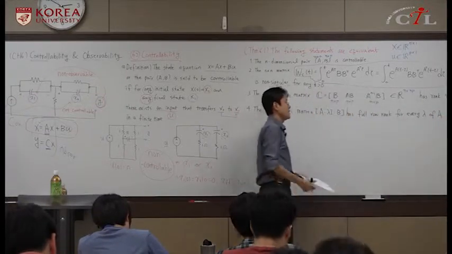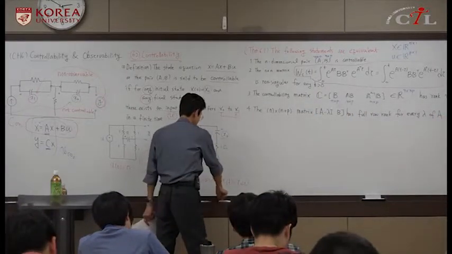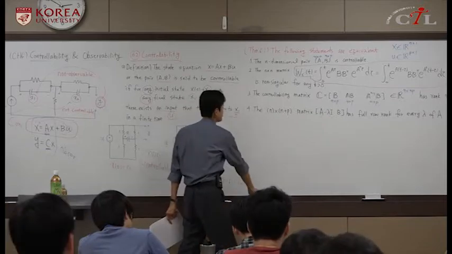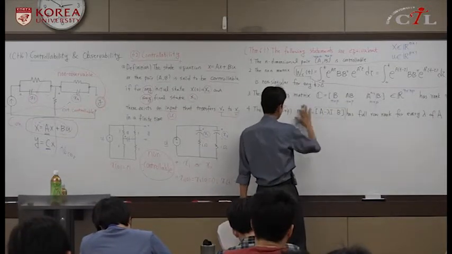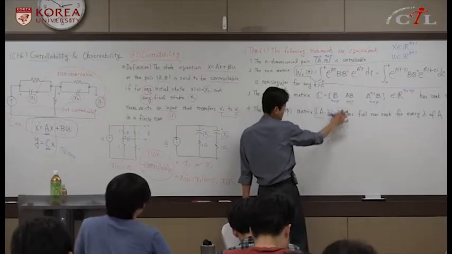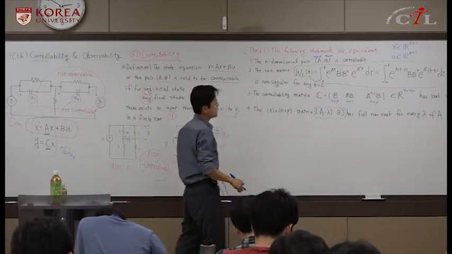For every eigenvalue lambda, this n by n plus p matrix has full row rank.